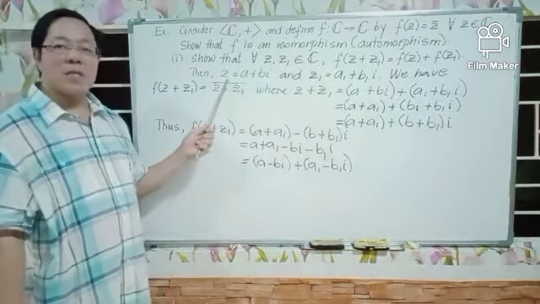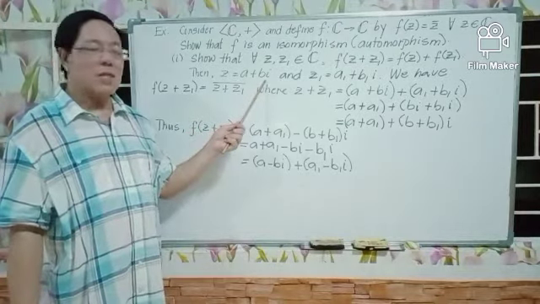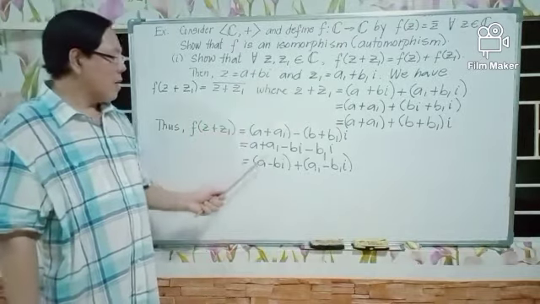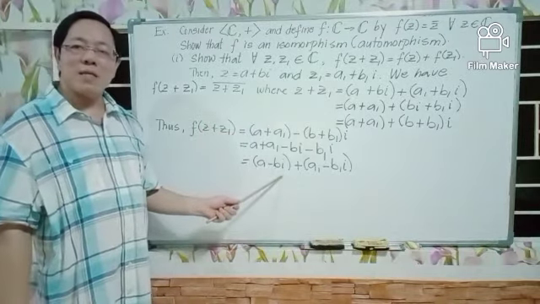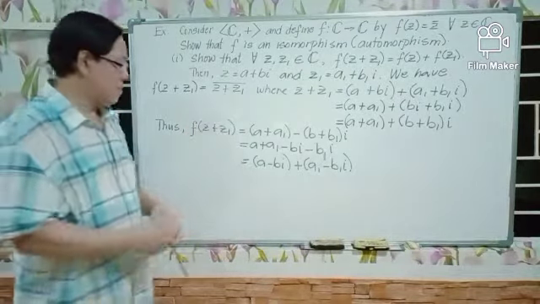But our complex number c equal to a plus bi, its conjugate denoted by z bar is a minus bi. So a minus bi here is the conjugate of the complex number c denoted by z bar.